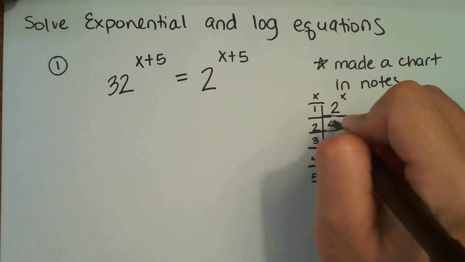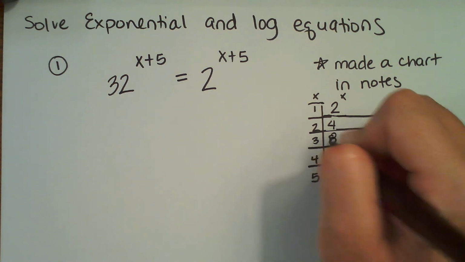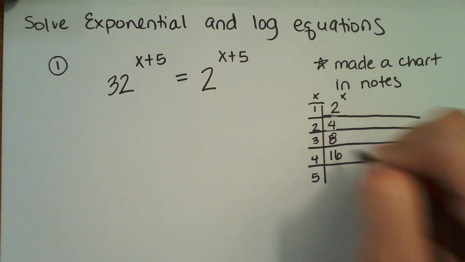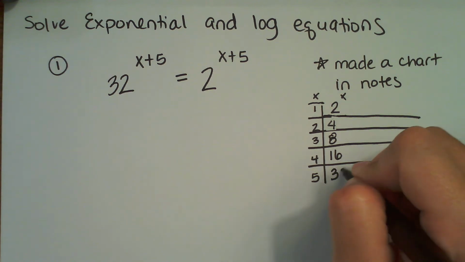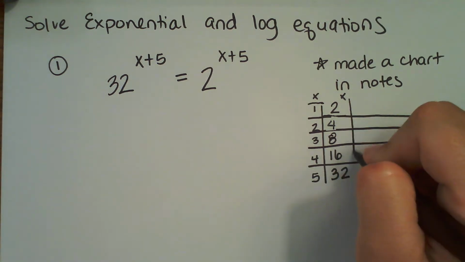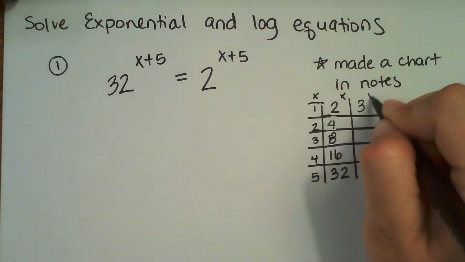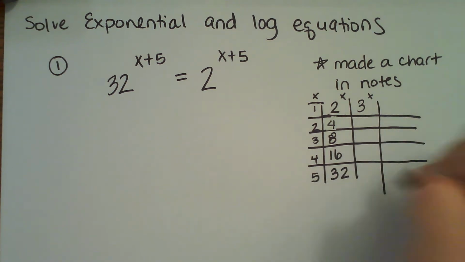So 2 squared is 4, 2 to the third is 8, 2 to the fourth is 16, 2 to the fifth is 32, and so on and so on. We will not recreate all this right here.